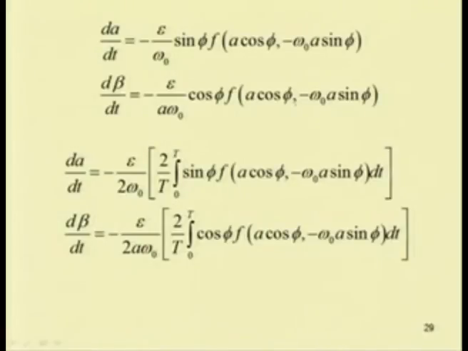As already pointed out, a and beta are slowly varying functions of time, and on the right side one can observe these are periodic, as we have the sin phi and cos phi terms.